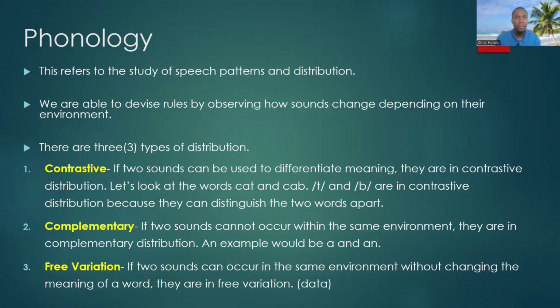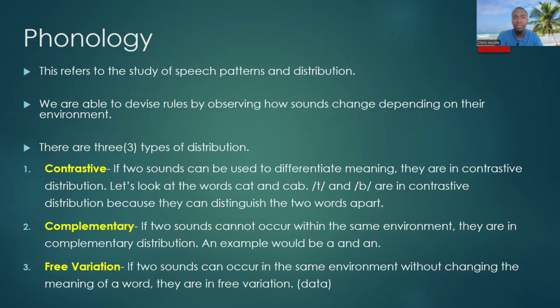There are three types of distribution. Again, this deals with how sounds are arranged. We have contrastive. If two sounds can be used to differentiate meaning, they are in contrastive distribution. We looked at that earlier with minimal pairs. Let's look at the words cat and cab. The only two sounds that are different are the final sounds, the t in cat and the b in cab.